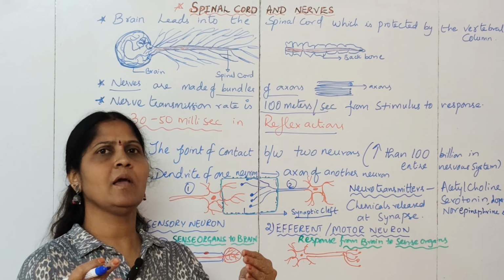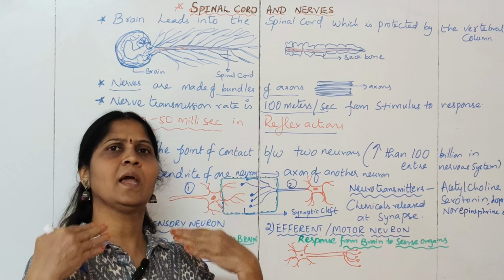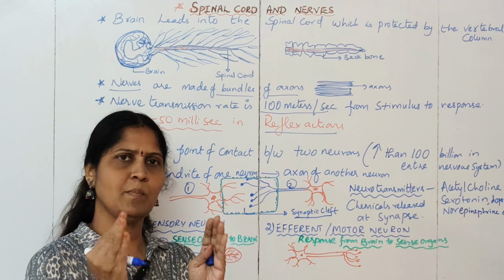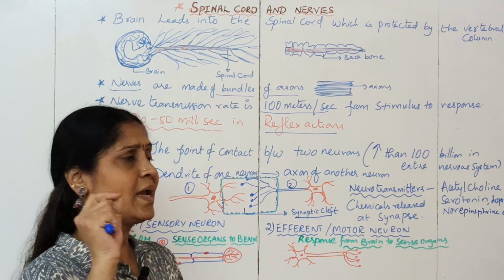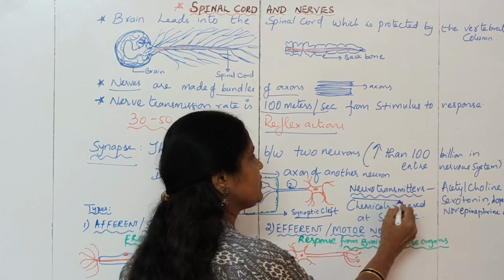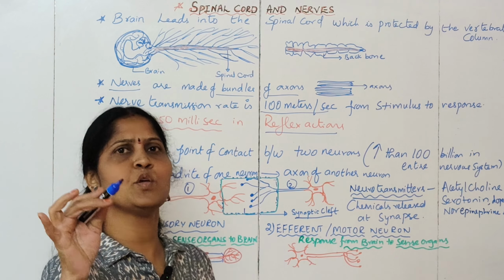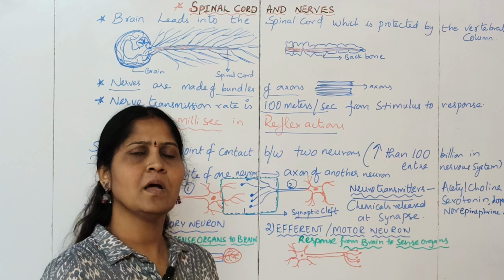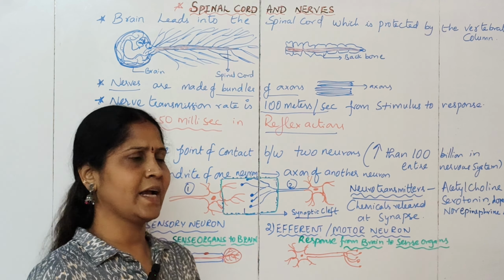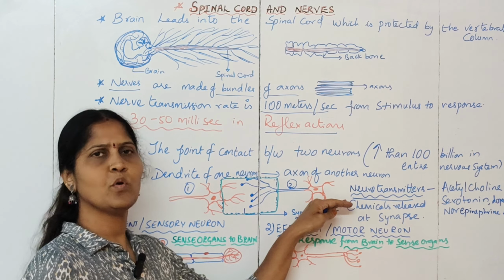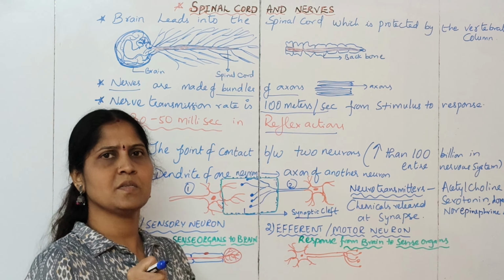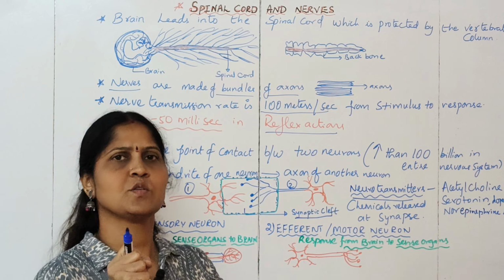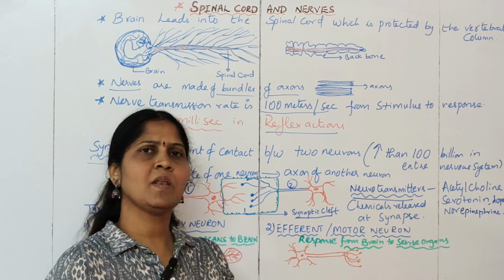So actually one neuron is not totally connected with the other neuron. There will be this gap called synaptic cleft, into which chemicals called neurotransmitters will be released. So these neurotransmitters actually, when the neuron senses the stimulus, when it receives the stimulus through the receptors of the sense organs, what will happen?